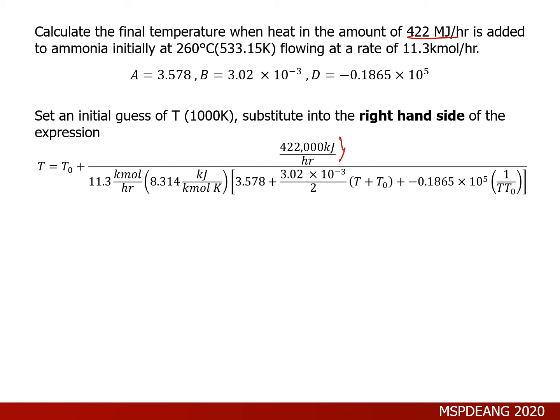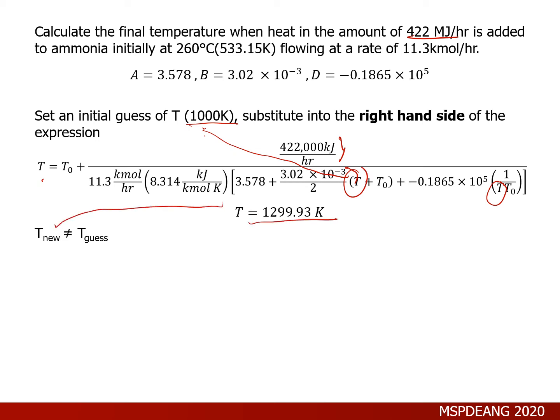So setting an initial guess of 1000 Kelvin, plug it into the right-hand side. This is not a shift-solve; we plug in the 1000 Kelvin for the temperature. Once plugged in, you will get a new value of the left-hand side, which is 1299.93. Now, the new temperature is not equal to our guess temperature.